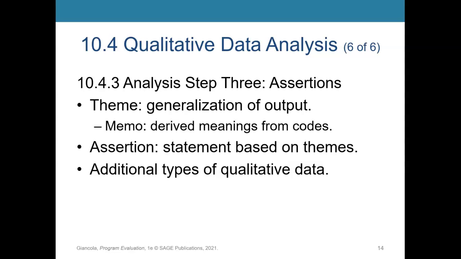And then finally, you want to be able to make an assertion. An assertion is a statement made about the themes found in your data. And it's helpful if there's one strong assertion with multiple quotes to support that assertion. There are again some great examples in the textbook of what an assertion might look like, but it could just be something like, participants seem satisfied with the following feature of our program.